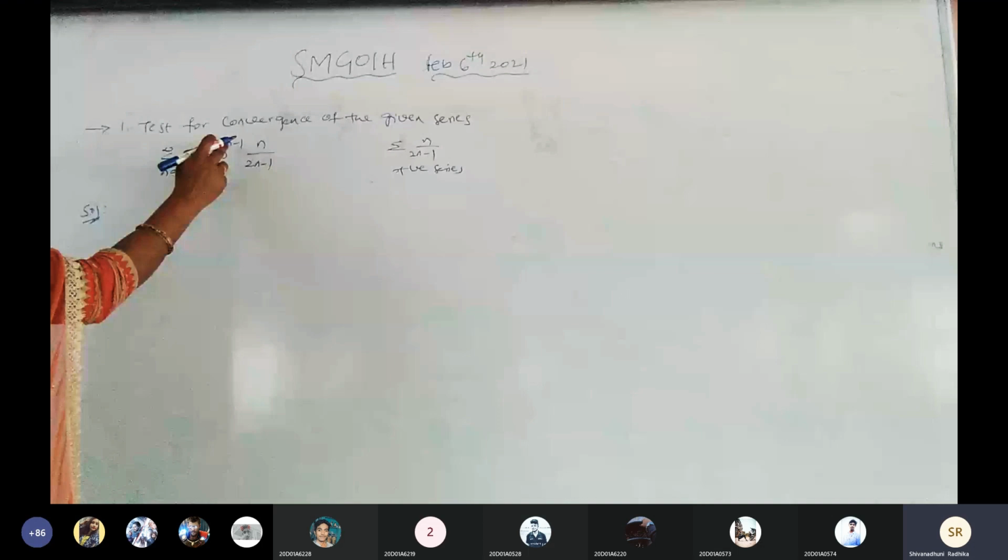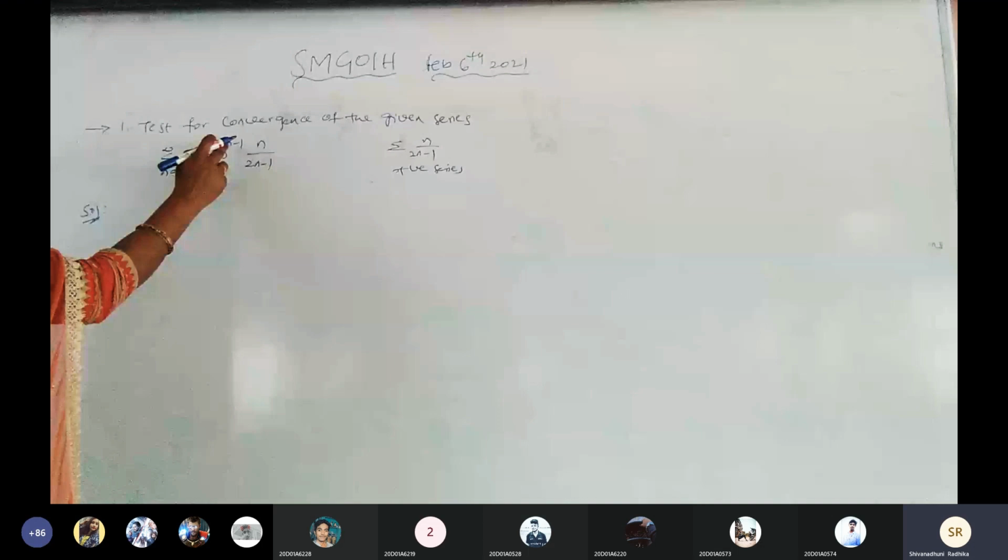When we consider minus 1 to the power of n minus 1 times un, that is the alternate function. But we are not taking the alternate function, just the nth term. The given term without the alternating sign is the nth term, that is n by 2n minus 1.